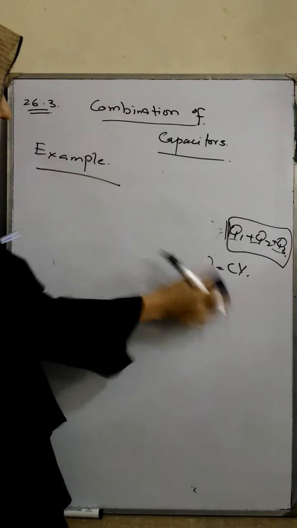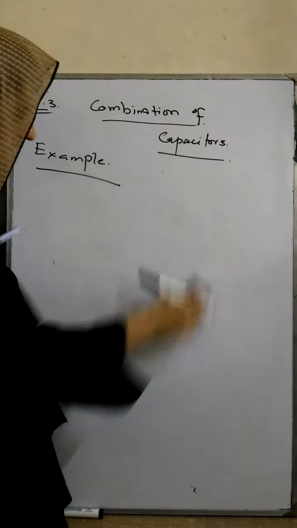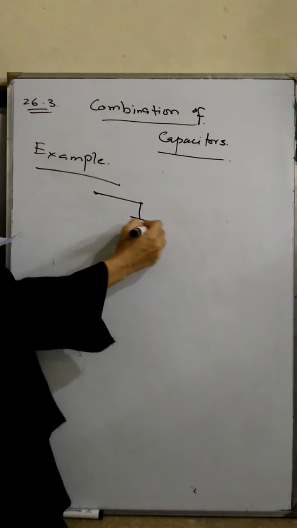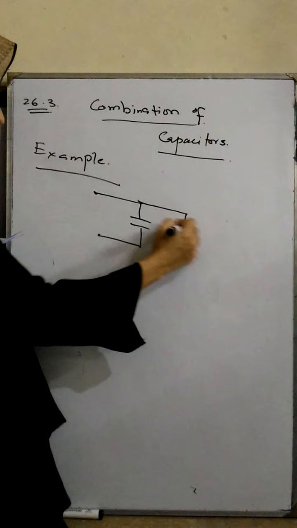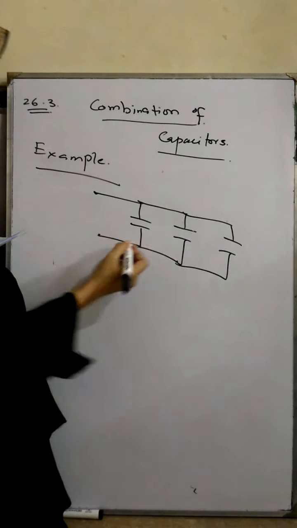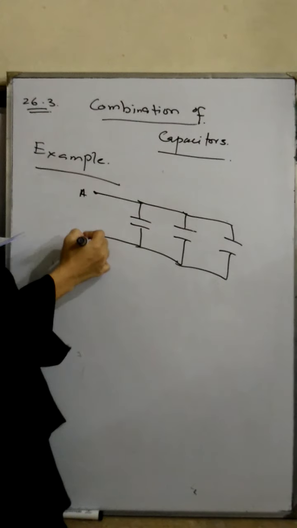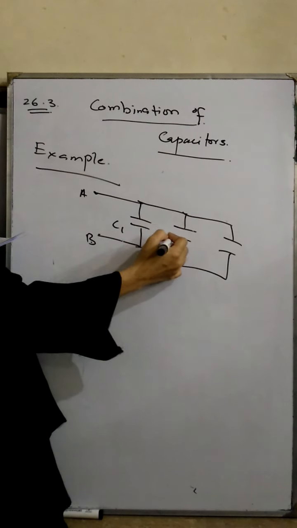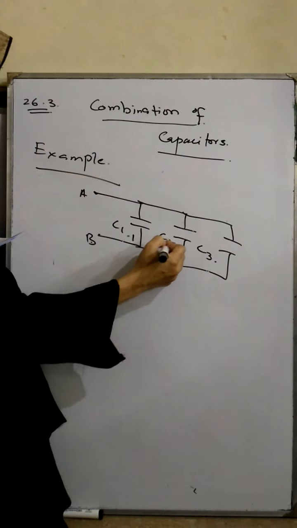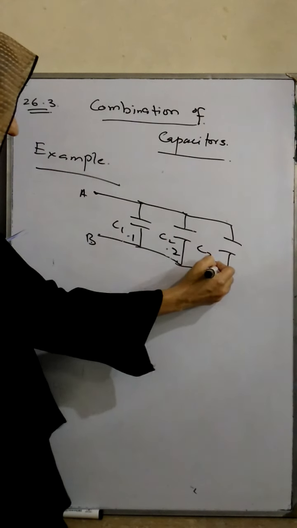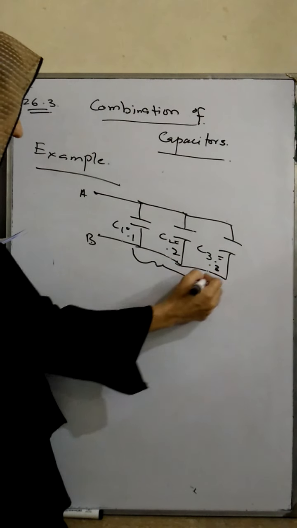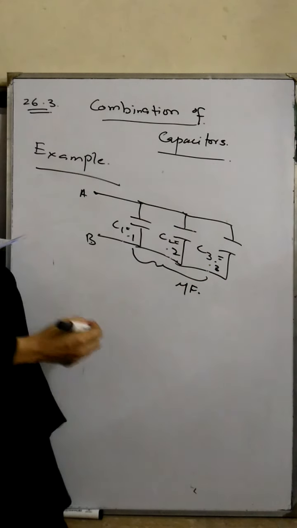So draw the circuit again. Draw it. C1, C2, C3, point 1, point 2, point 3, and all of these are in microfarads.